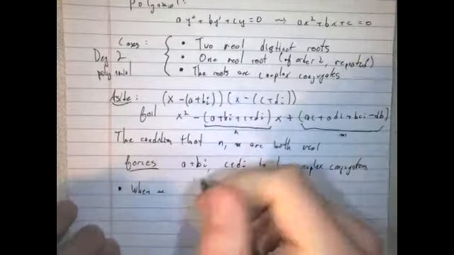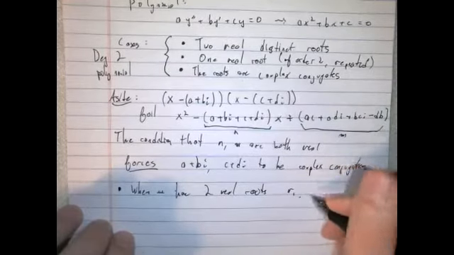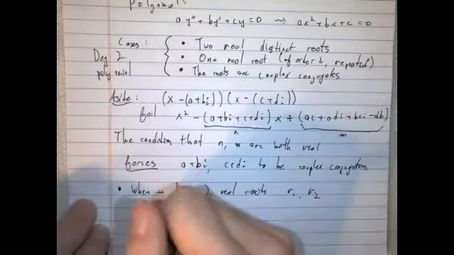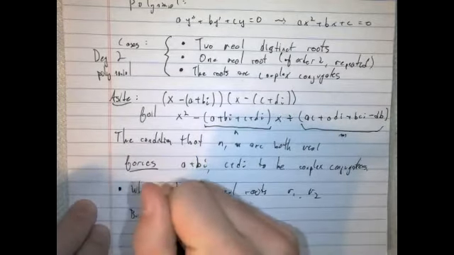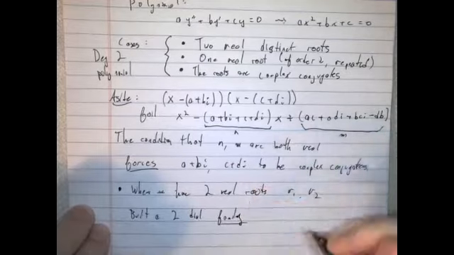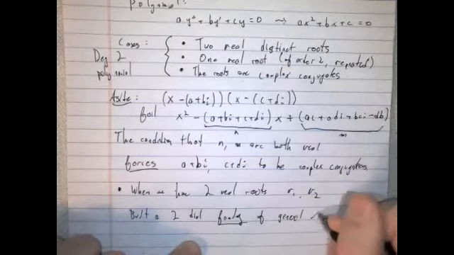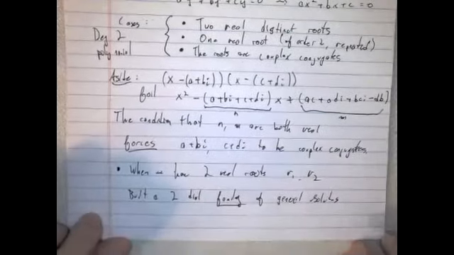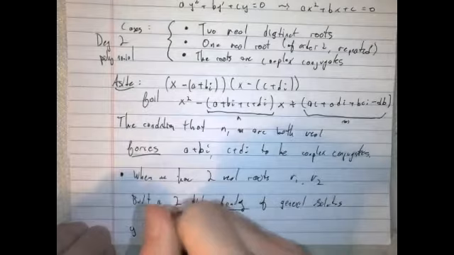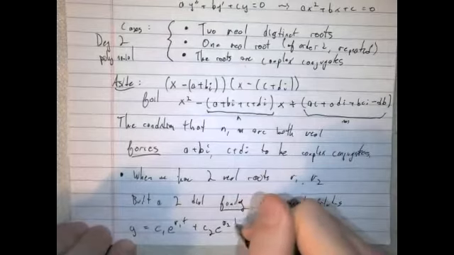When we have two real roots, say r1 and r2, then what we were able to do is build a two-dimensional family of solutions, of general solutions, which looks like y is equal to C1 e to the r1 t plus C2 e to the r2 t.